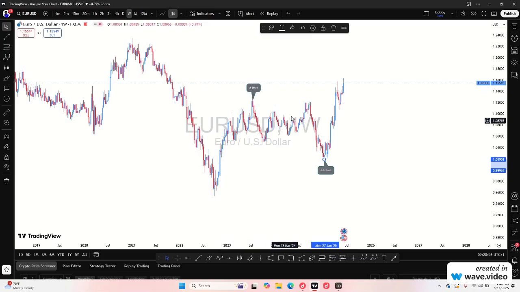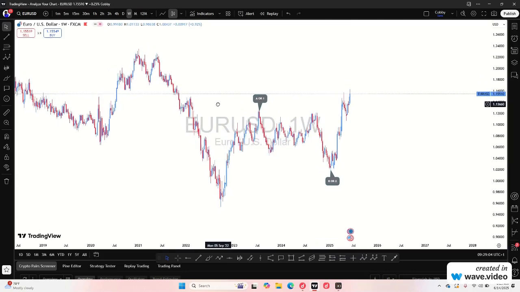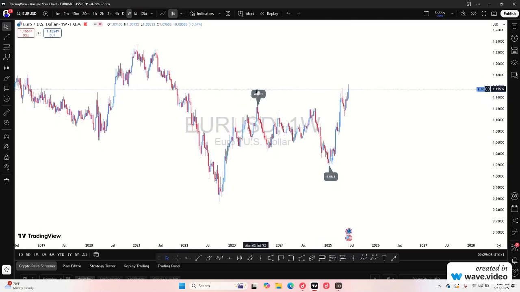If this is our A, we have an impulse, then the corrective structure of our B, then a C will end. Or if this is going to be a buying momentum starting now, there's going to be our one, our two, and our third move.